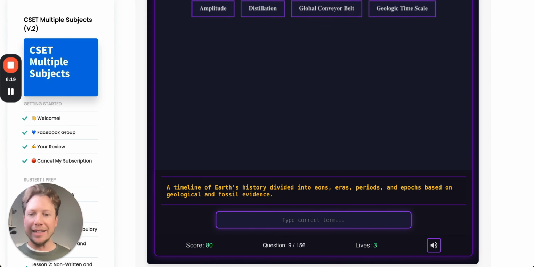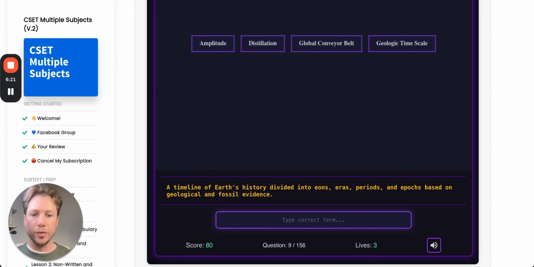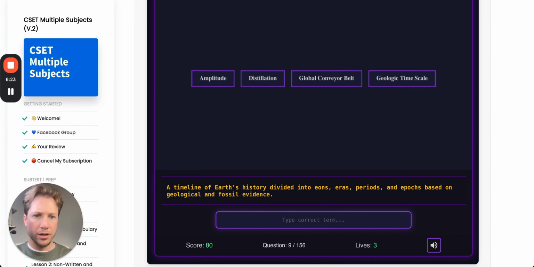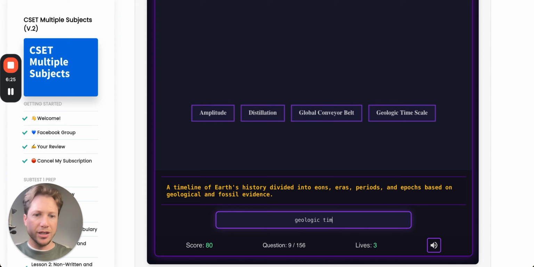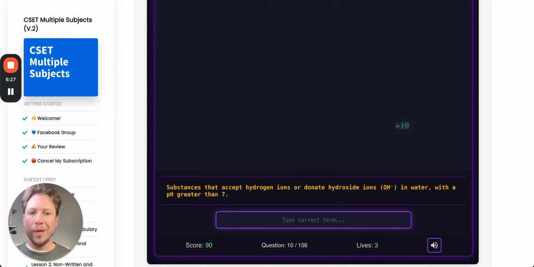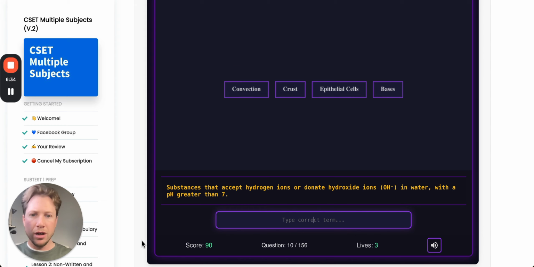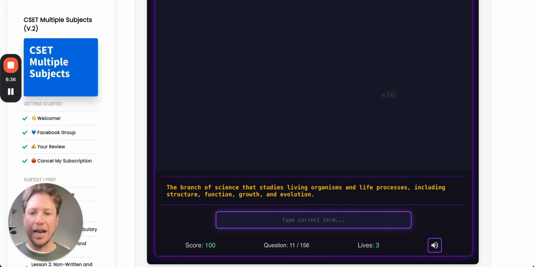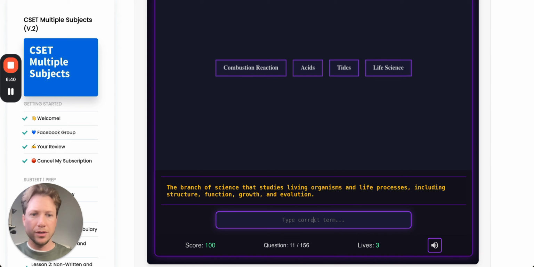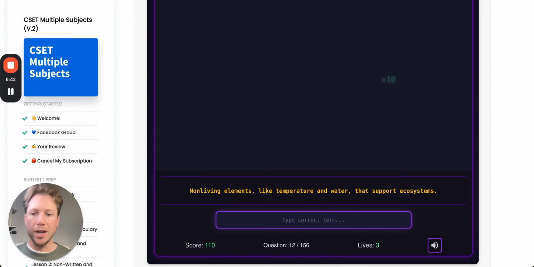Great. A timeline on Earth's history, that would be geologic time scale. Now remember, while I'm reading these, I want you to pick out the correct terms too. Substances in water, that would be bases, nice. The branch of science that studies living organisms, life science, great.